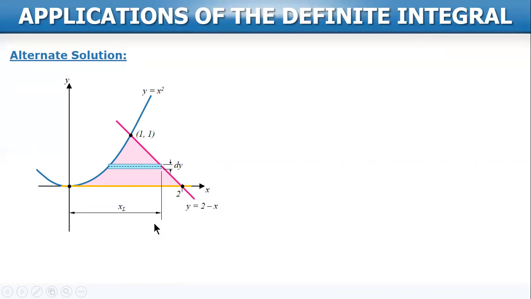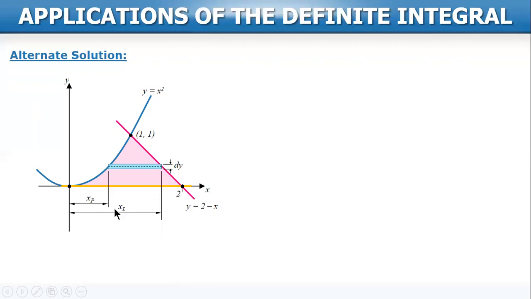So, this is x sa line, which is f of y sa line, and this one is x sa parabola. Now, take note, ang area na to is area sa rectangle. And area is base times height man. So, our base is x sa line, this one, xl minus xp, times height dy.